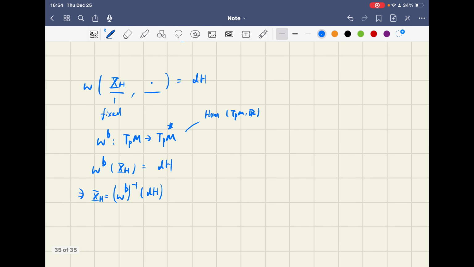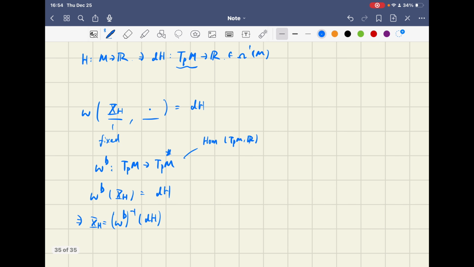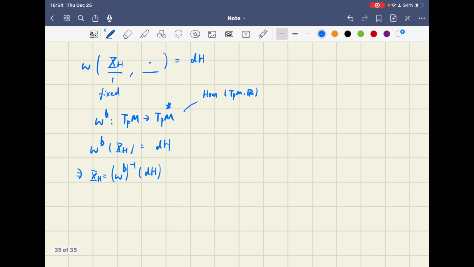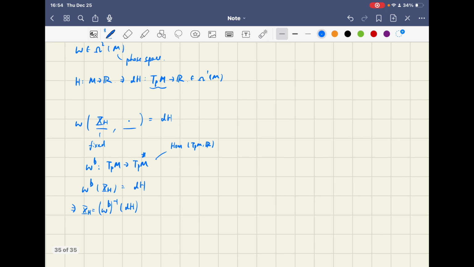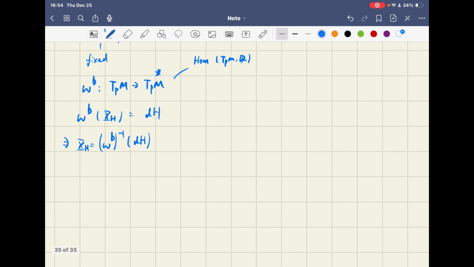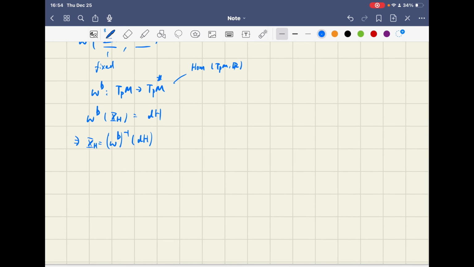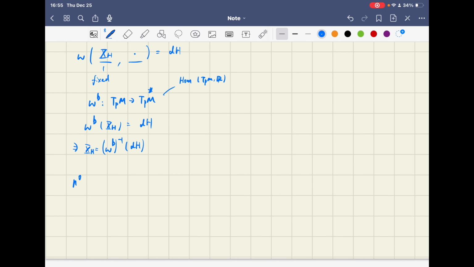Okay, and as I just mentioned, our goal is to obtain a unique vector field, and let's see whether it's unique or not. We haven't used the property of non-degeneracy yet. We just showed that omega is non-degenerate. If we could show that the definition of non-degenerate is actually the same thing as injective, we can obtain the equivalence with injective.